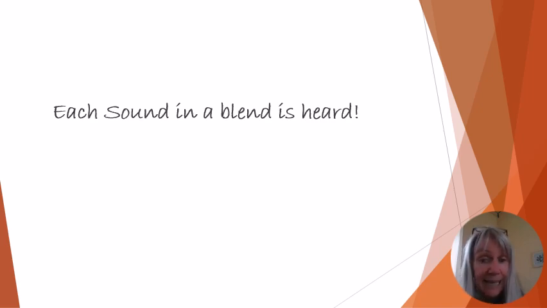They may be blending together, but they're not losing their sound as they would in a digraph. So I want to make the distinction between a consonant blend and a digraph. A digraph is two consonant letters making one grapheme and therefore one sound. But a consonant blend is two consonant letters making two graphemes and two sounds or phonemes.